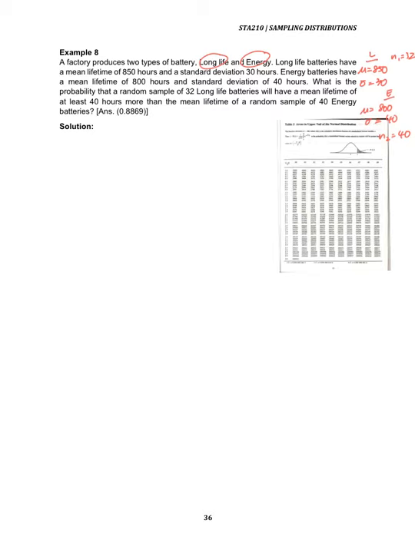So we write the sampling distribution first. x bar 1 minus x bar 2 has normal distribution with mu equals 850 minus 800 and variance equivalent to 30 squared over 32 plus 40 squared over 40.